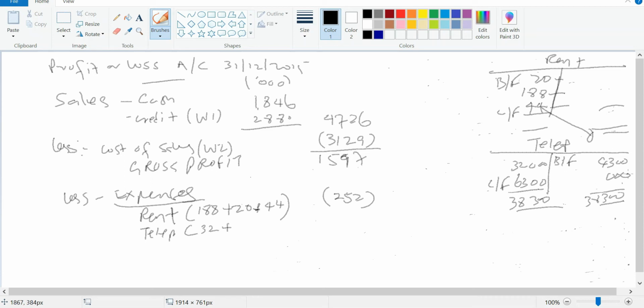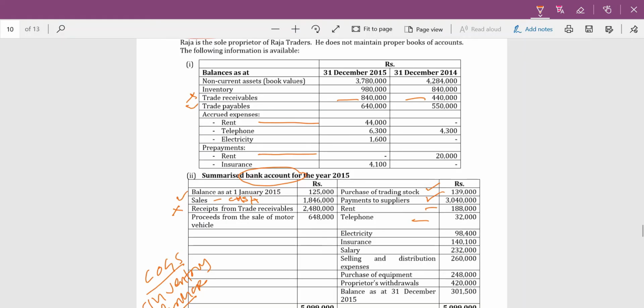So basically 32 plus 6.3, minus 4.3, that will be 34,000. Is that clear? Now let's move on to the other expense.